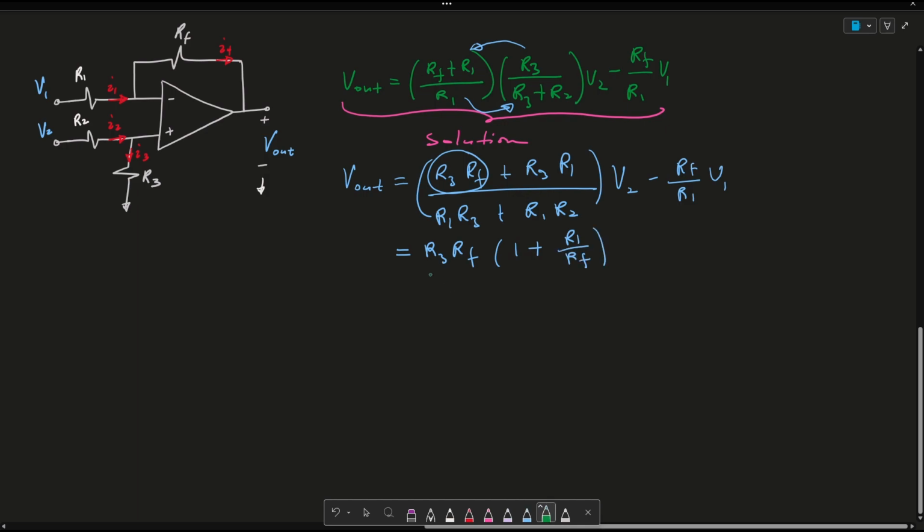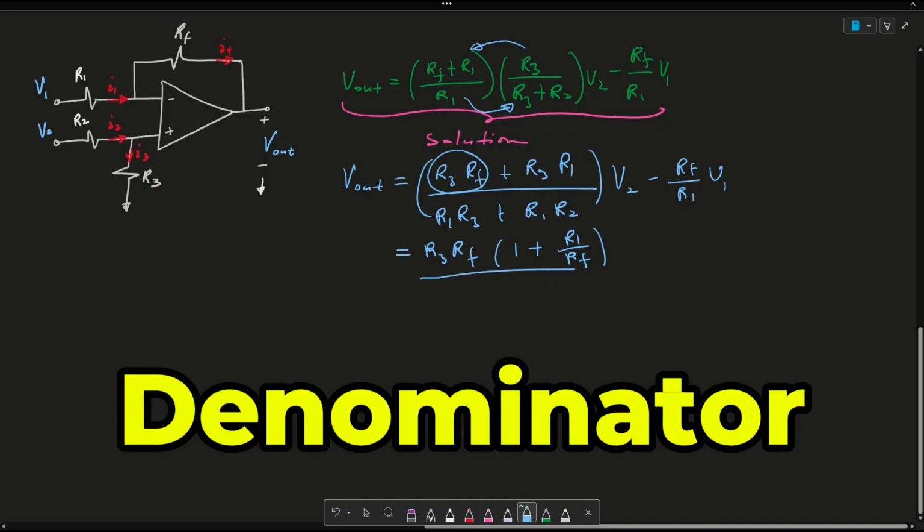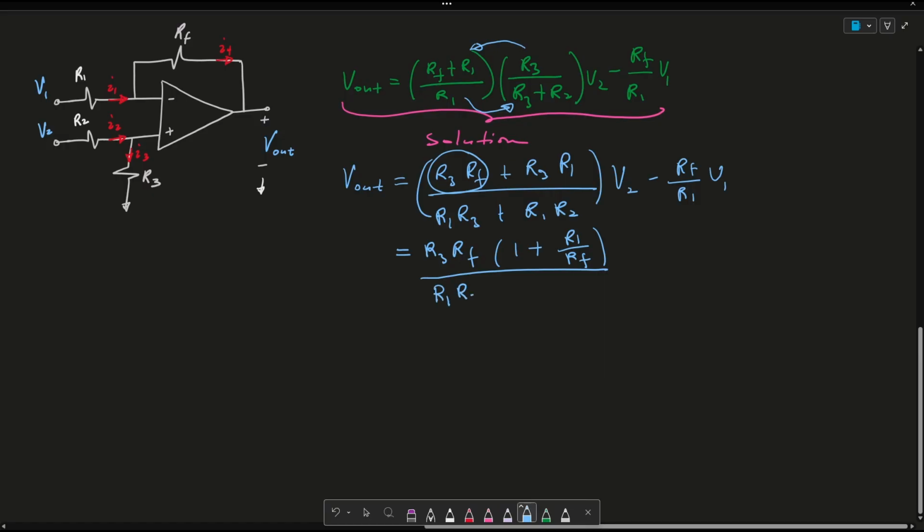Again, keep in mind, if you distribute this here, you're going to get this term. On the denominator, if we pull out an R1 R3, this term becomes 1 plus R2 over R3. And just to be clear, this term times this term gives you this term. We go ahead and multiply this by V2, and this is minus RF over R1 V1.